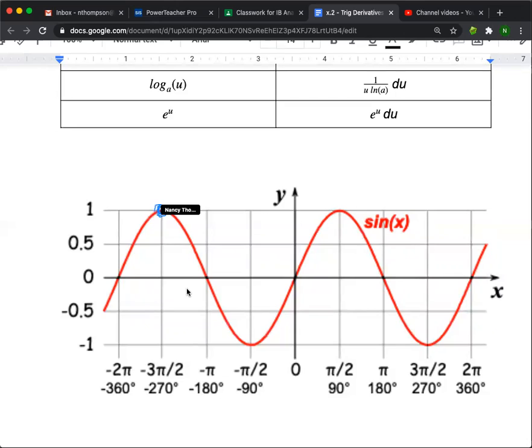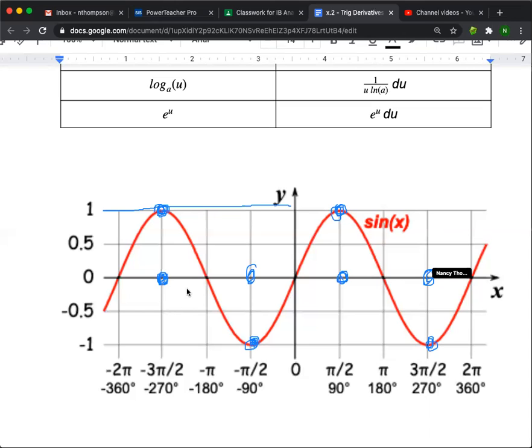Here, remember at a maximum or a minimum, the tangent line is flat, meaning that the slope is 0. And if the slope is 0, then that means that the derivative's value here would be 0. So I'm going to find all of the maxes and mins and make their values 0.